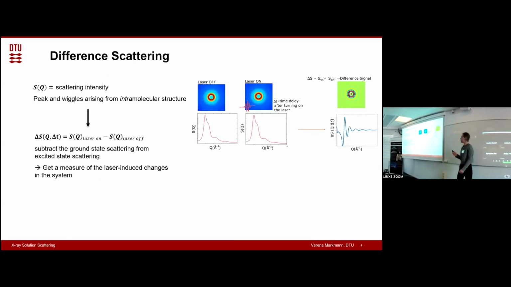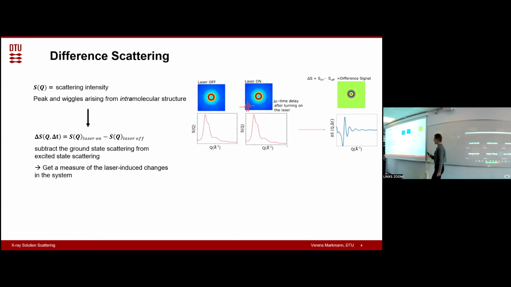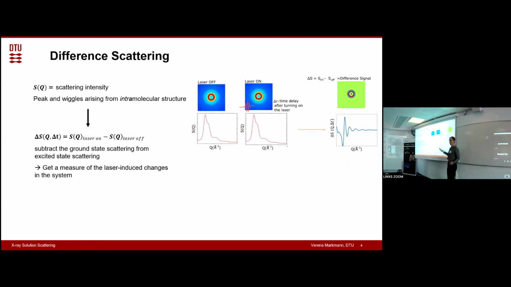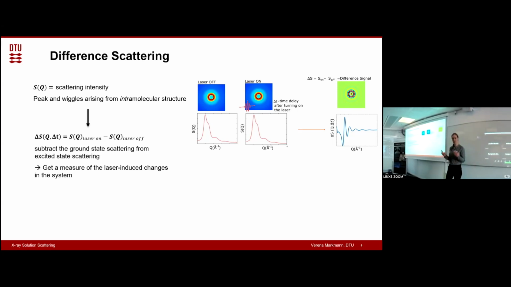And the trick in order to do so is to use different scattering. What we do in there is that we measure 2 times actually, once without exciting it, so with the laser off, and a second time while we excite the system. And if you then subtract those 2 scattering information from each other, you will get a measure of the laser-induced changes in the system, and thereby only look at what you did to your molecule by exciting it with a laser.